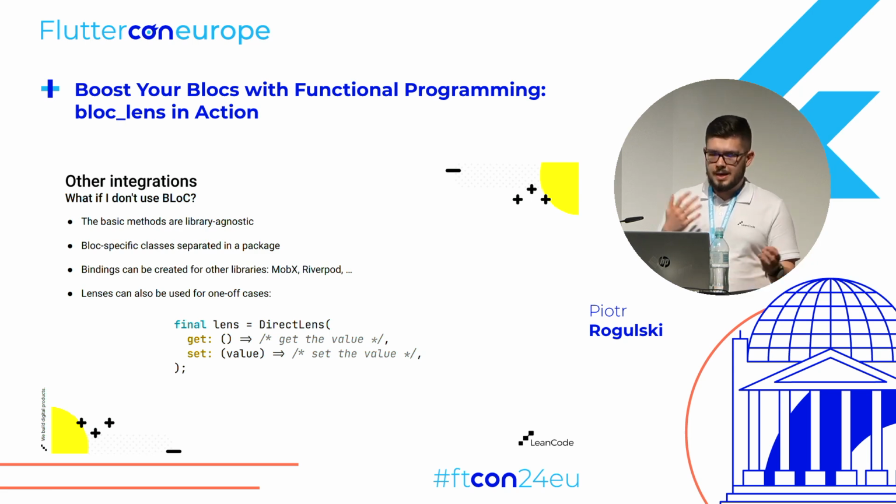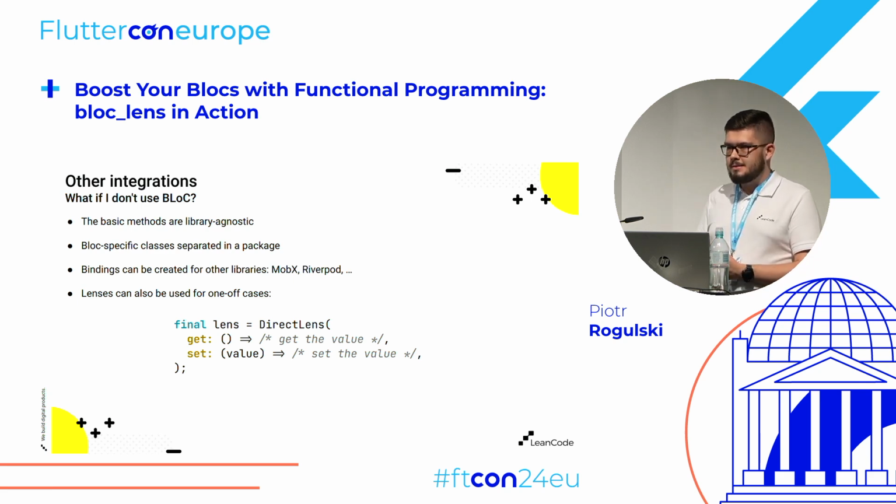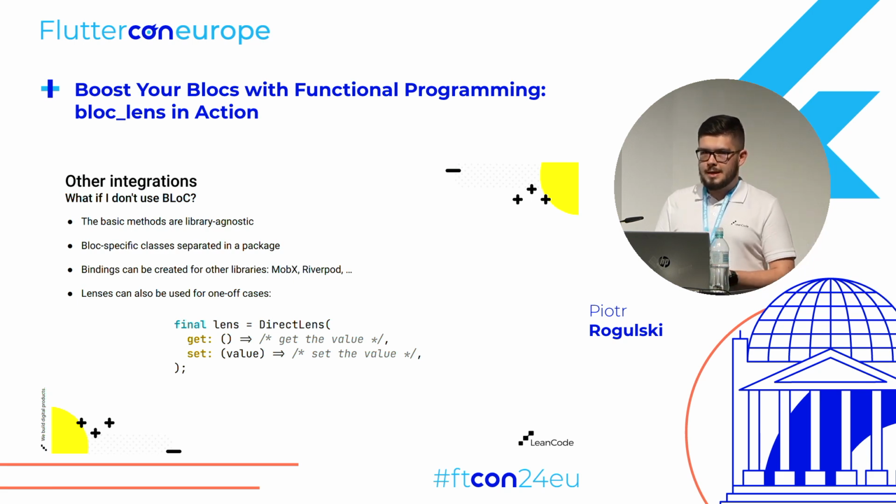You can connect it to any state management library you want, MobX, Riverpod, what have you. And even if you don't want to connect it to state management in any way, you can still use a class that basically bundles a getter and a setter, again to pass around as this one unified pair and to cut down on boilerplate, so that the widgets can have fewer properties, and inside those widgets you can invoke them more easily.